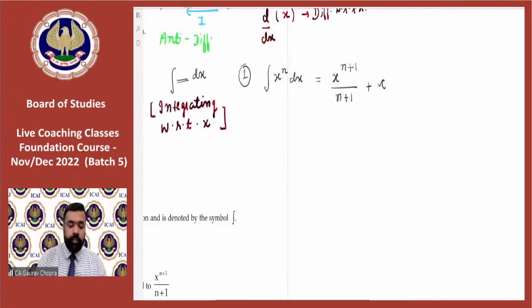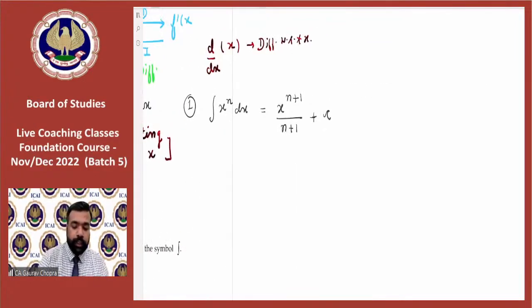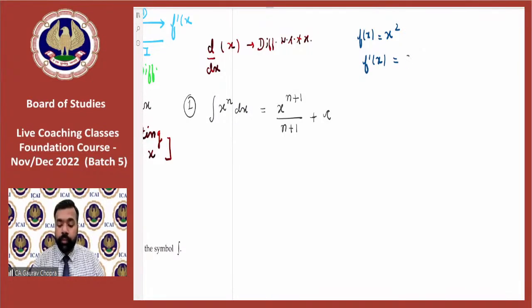Before that, we will take one example of differentiation. Let's say we have to differentiate x square, this is f(x), and we have to find f'(x). What will come? It will be 2x.